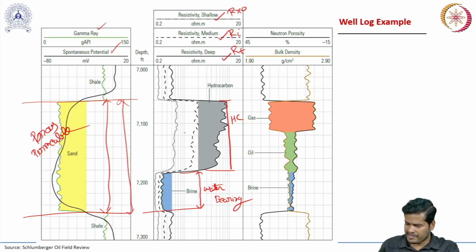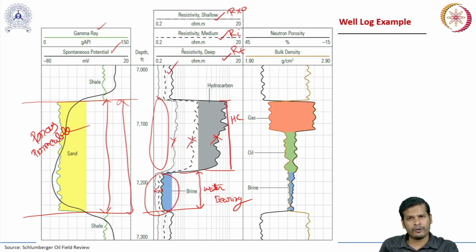And you can see the separation between the deep, medium and shallow values is very high. It can only mean that the mud filtrate or the wellbore fluids are different in this zone from the formation fluid. Shale also generally looks like low resistivity in this log.